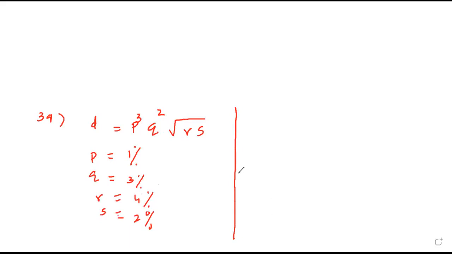Whenever they say percentage error, all the errors get added and the power becomes the multiplier.